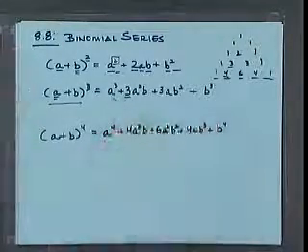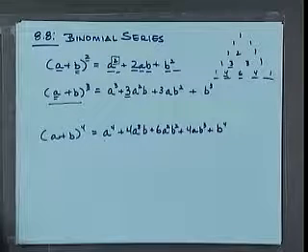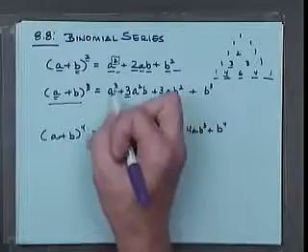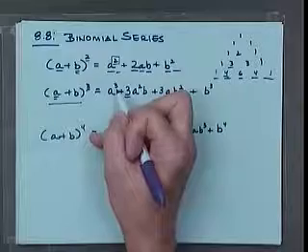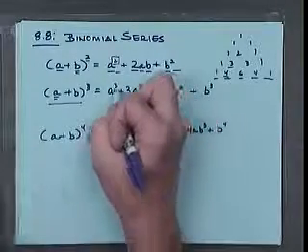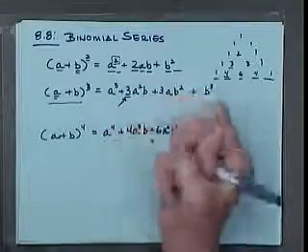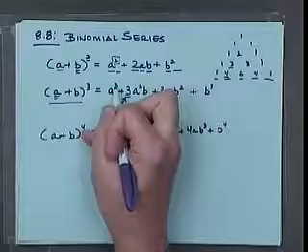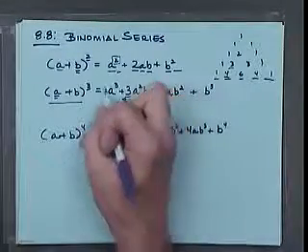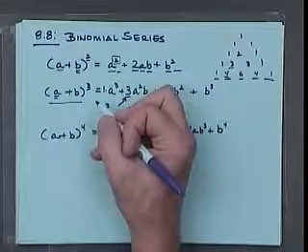Let's see if we can use each term to generate its successor, and I'm going to do so with exponents. Let's start with this one, and then we'll backtrack to the previous one, and we'll go ahead to the term to the fourth. If I want to generate this value, this 3, I could take this exponent, this power, times the lead coefficient that's already there, which in all cases is going to be 1.